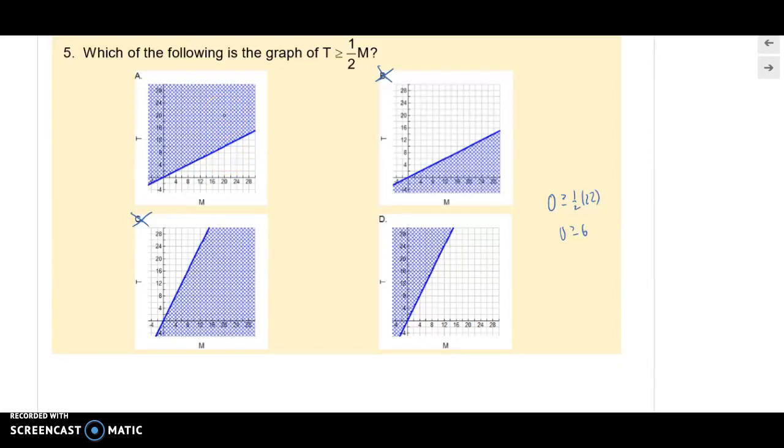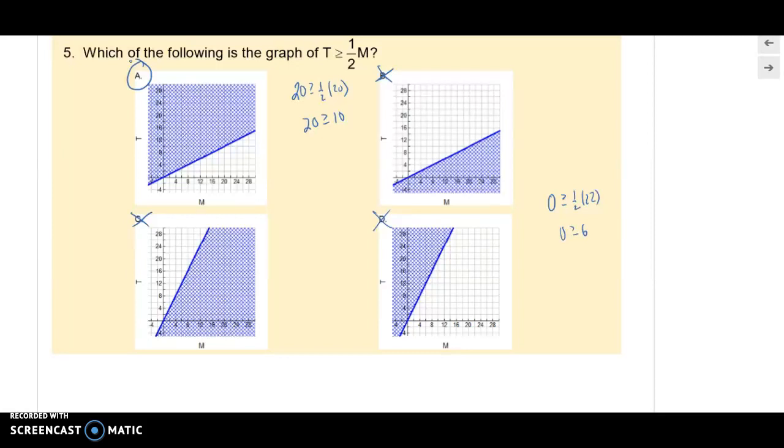So let's plug that in: 20 for T, 20 for M, and I've got 20 is greater than or equal to 10. Based on my graphs, that one wouldn't work because that's not part of the shaded region, but that one is. Again, it's a matter of eliminating some choices based on some key pieces of information.